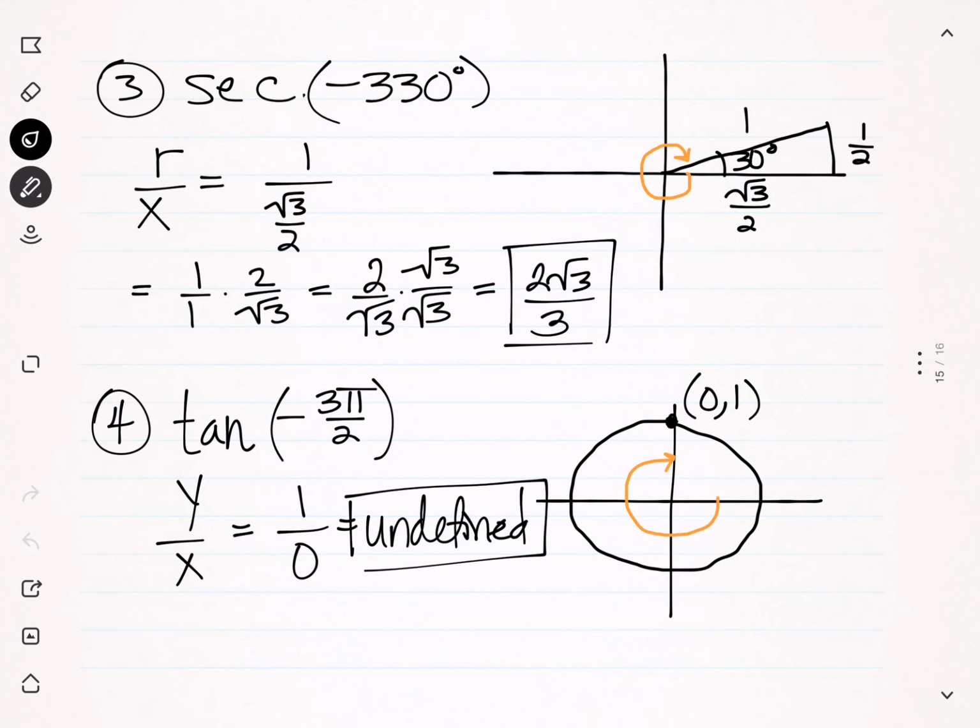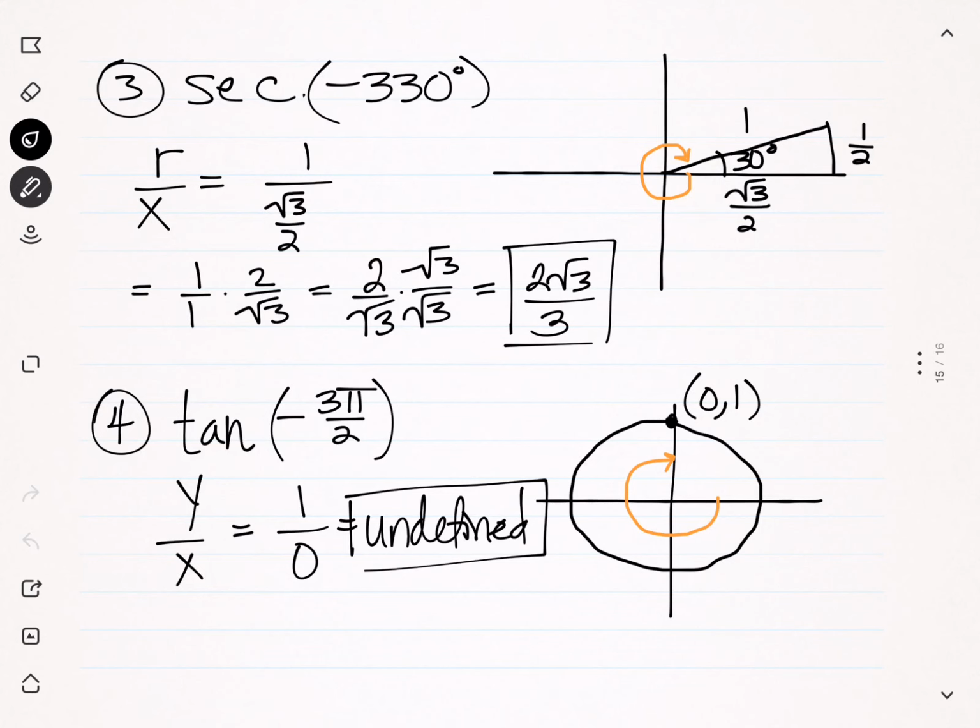So if secant is r over x, then we will have the ratio 1 over root 3 over 2. We're going to flip and multiply. So 1 times 2 over root 3. And then we have a radical in the denominator, so we need to keep simplifying and multiply by root 3 over 3. So final answer, 2 root 3 over 3.